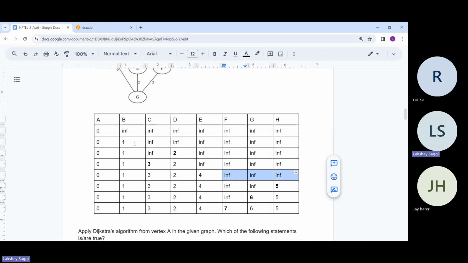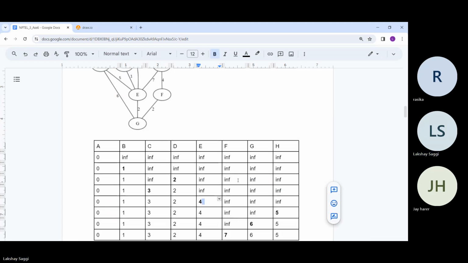In every iteration, we fix the distance of one vertex, and that vertex will be the minimum distance vertex. So in the next iteration, one of F, G, and H will need to be fixed, right? F, G, and H are all unvisited right now, and A, B, C, D, E have all been visited. So we only have to look at the neighbors of F, G, and H which are already visited.